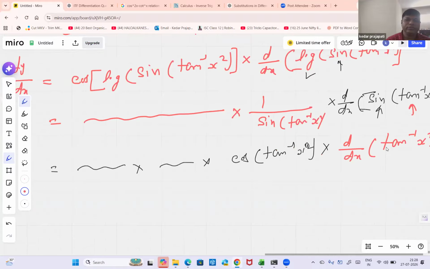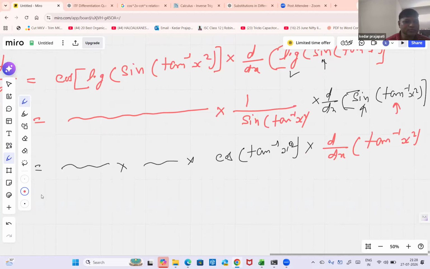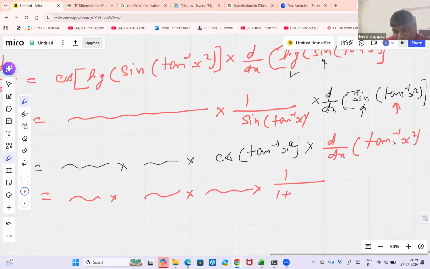So in the next step, this much is done, this much is done, we'll just copy them. Now this much is nothing but 1 by 1 plus x square, but now the x value is x square.